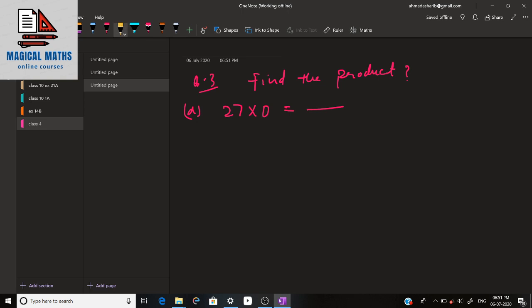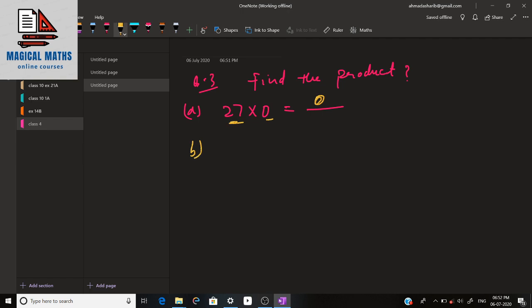Students, always keep in mind, it is a very basic thing that whenever we multiply a number by 0, the answer is always 0. Some students write the number itself. No, whenever we multiply a number by 0, the answer is always 0. Is it clear?